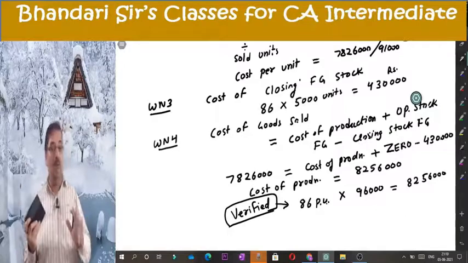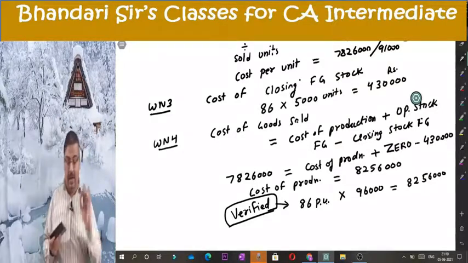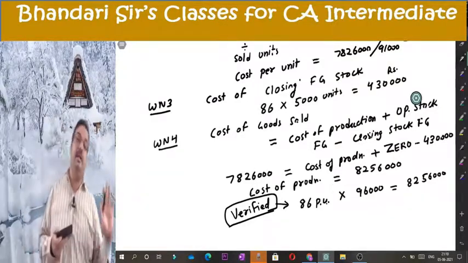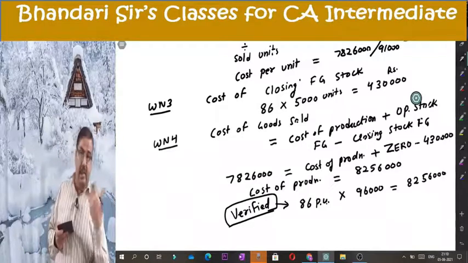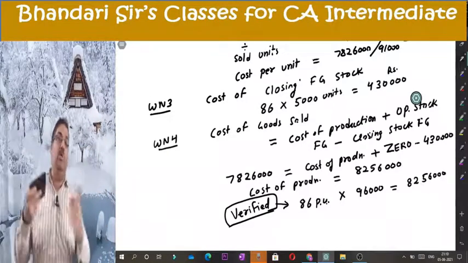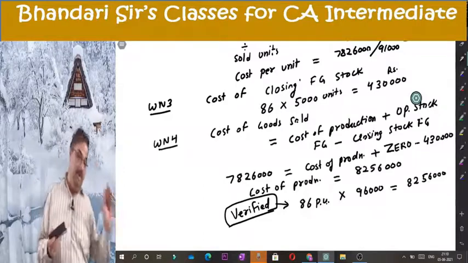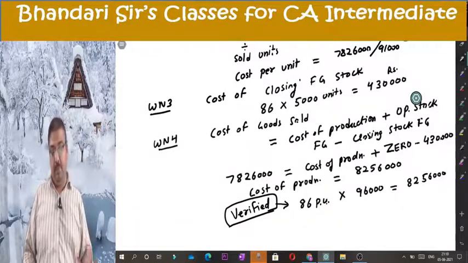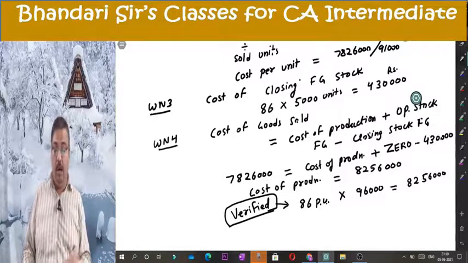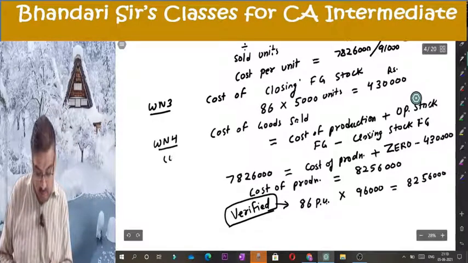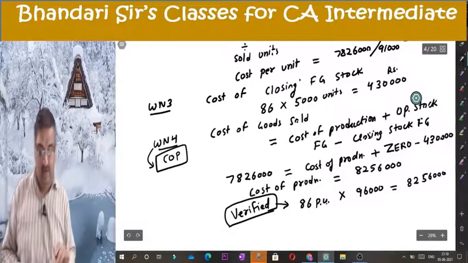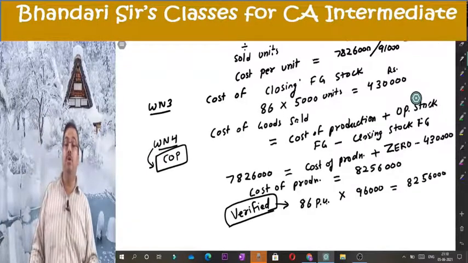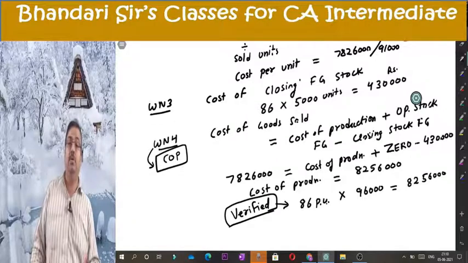So better to look at good units of output, which is 96,000 multiplied by 86 per unit. So the easier way is adjustment of stock, reverse computation, but it can be verified. This is working note number 4, computation of cost of production.